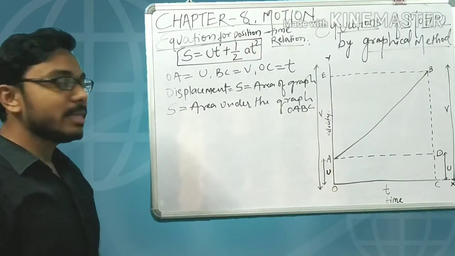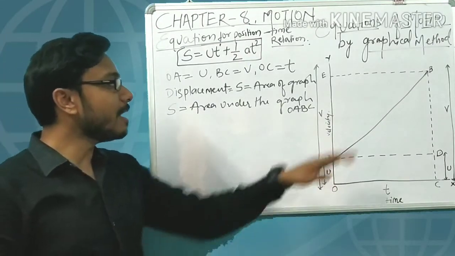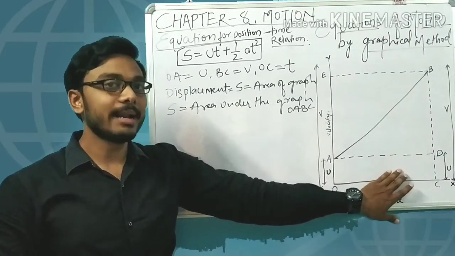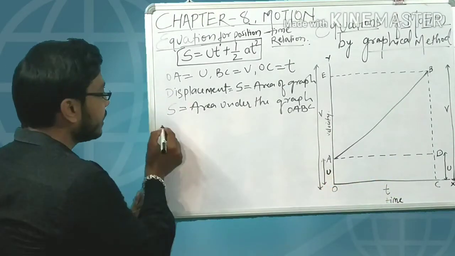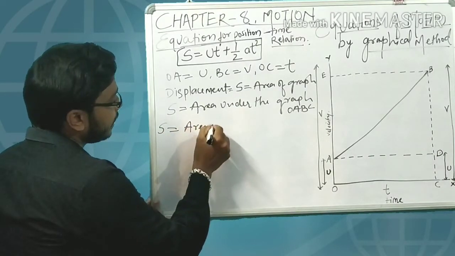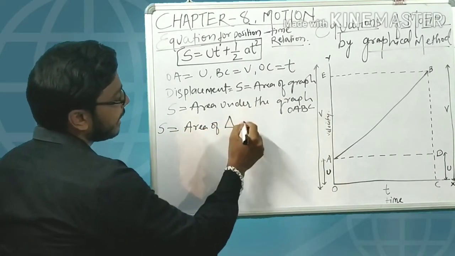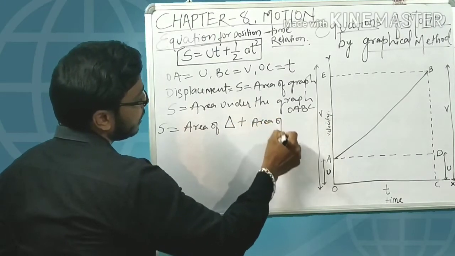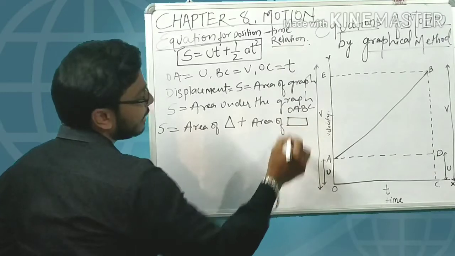To find the area of the trapezium, now we will divide this trapezium into one triangle and one rectangle. So here we can write s is equal to area of a triangle plus area of a rectangle.